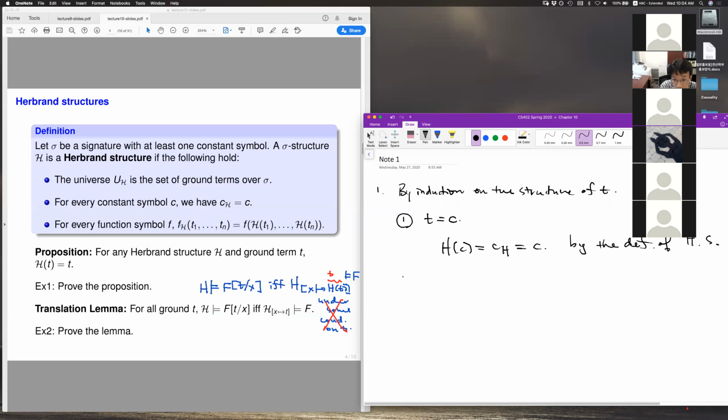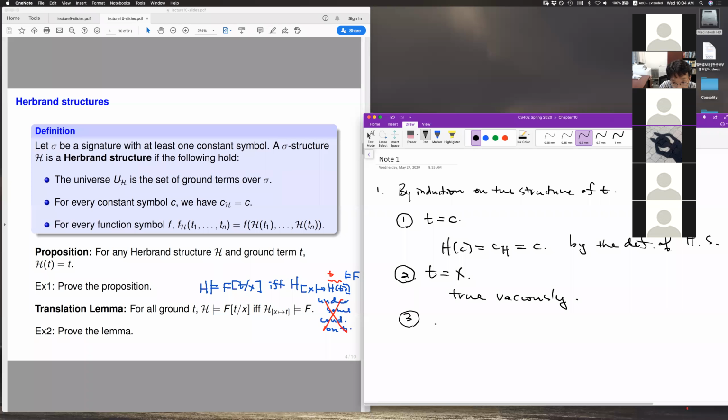Okay, and then the second, actually we do all of the cases. I mean, this case is a variable. This case is true vacuously, because we said T has to be a ground term, X is a variable, so it can't really satisfy these conditions that are implicitly imposed in the proposition.